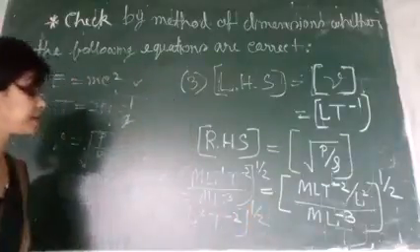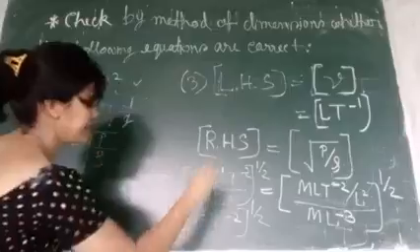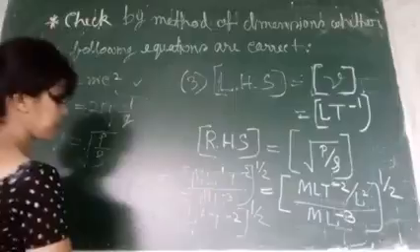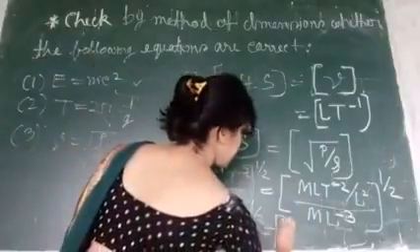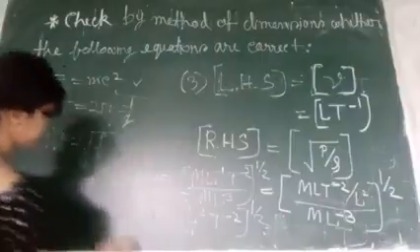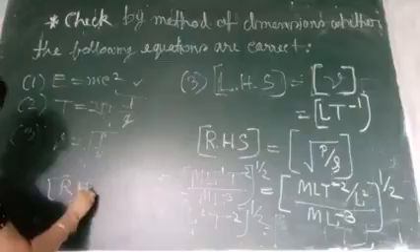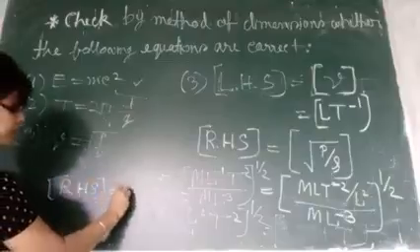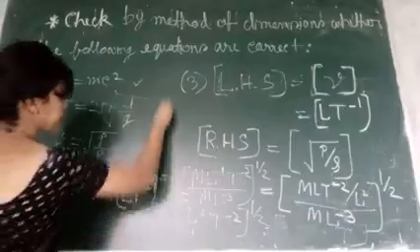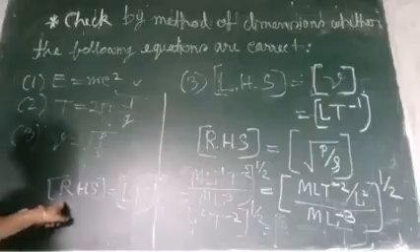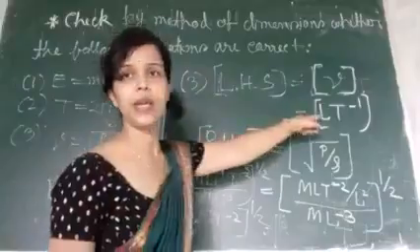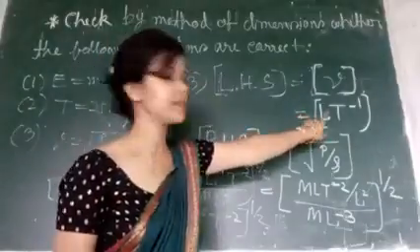So the result will be L t to the power minus 1. This is the right hand side dimension, L t to the power minus 1, and for the left hand side we got the dimensional formula L t to the power minus 1.